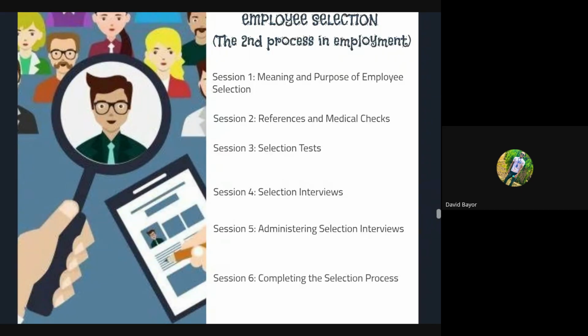Why careful selection is important. Selecting the right employee is important for at least 3 main reasons. First, for employers, their own performance depends largely on the performance of employees. Employees with the right skills and attributes will do a better job for the company.